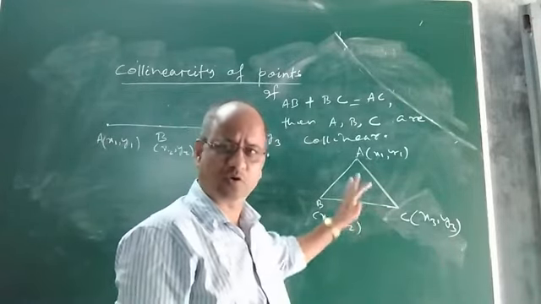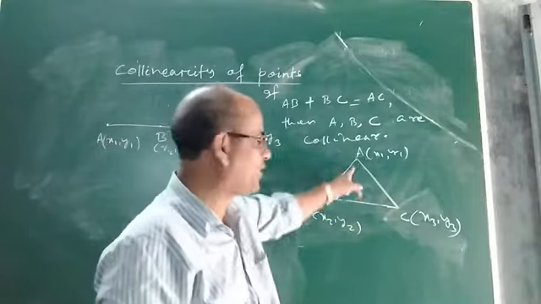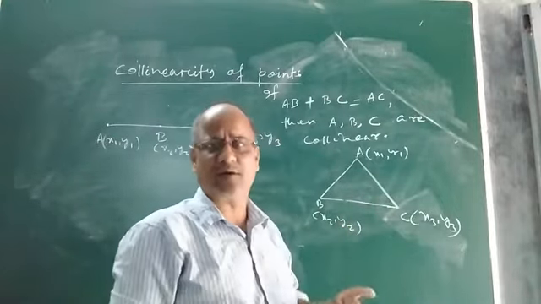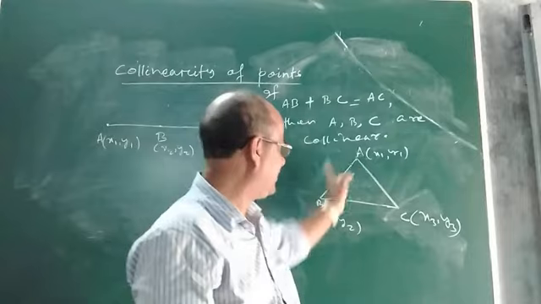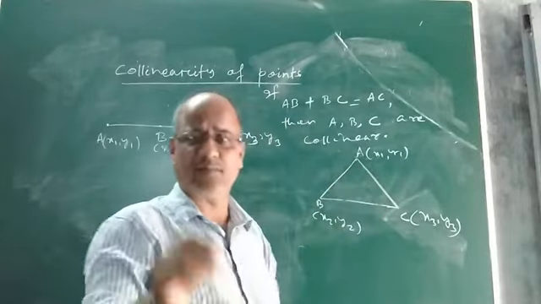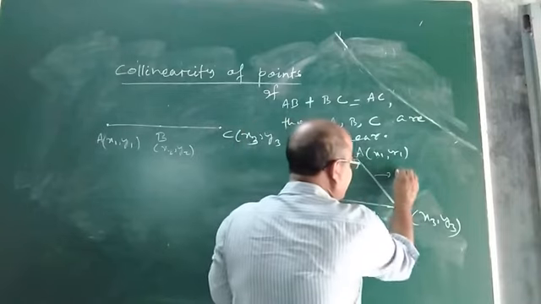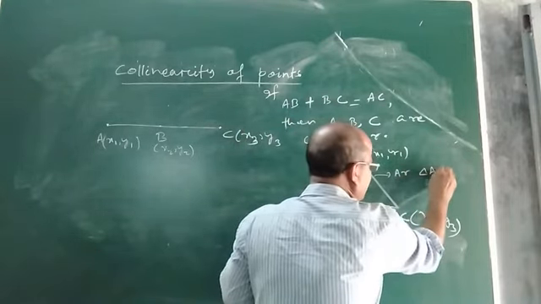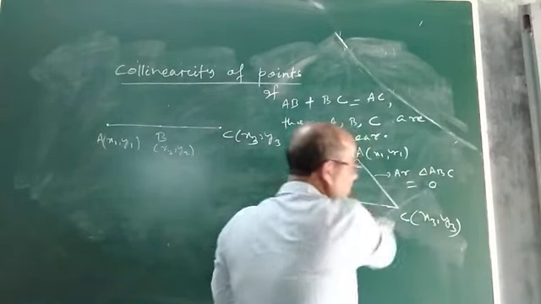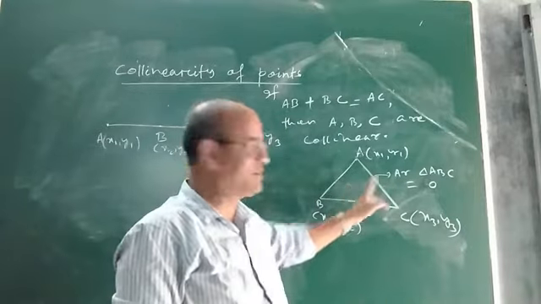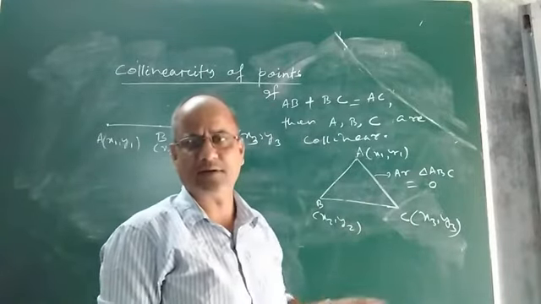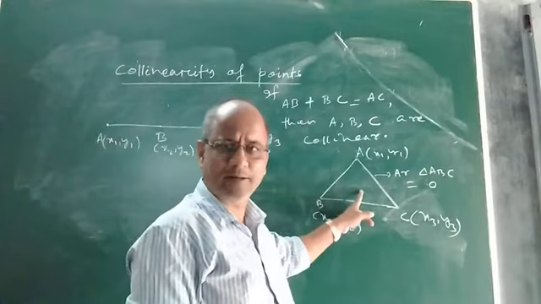Now under what condition will these 3 vertices become collinear? If the area of triangle ABC is 0, then what will happen?